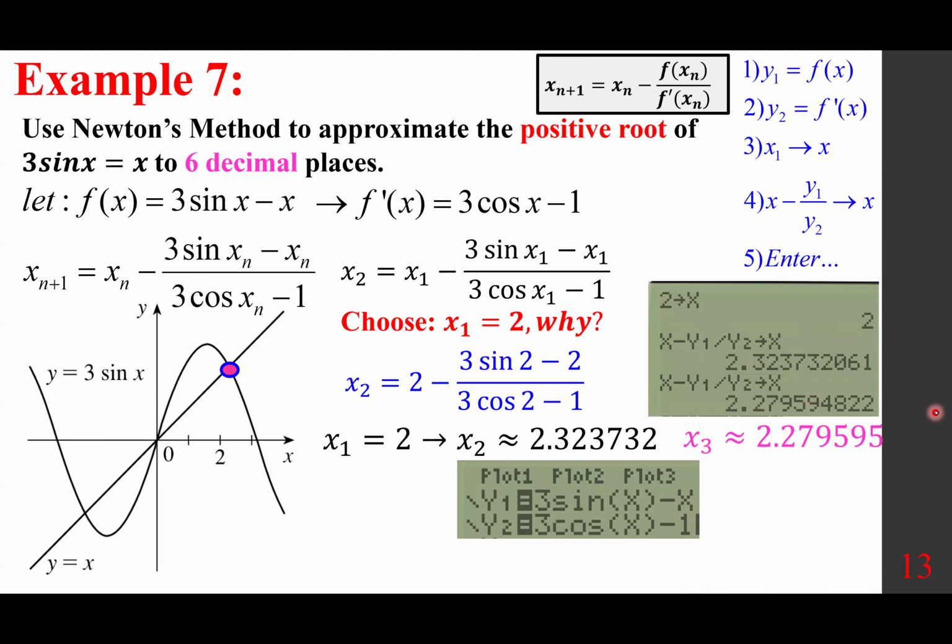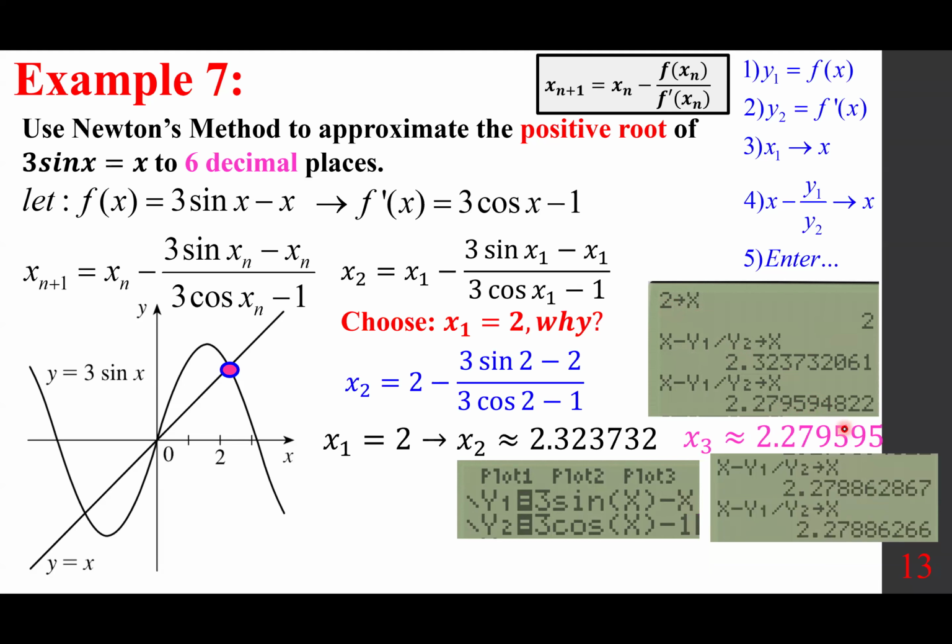Here's x sub 3. If I stop here, 2.2799594 becomes 5. And I continue and I get this one, and I want 6 decimals. Take a look: 1, 2, 3, 4, 5, 6. 1, 2, 3, 4, 5, 6. They are identical.